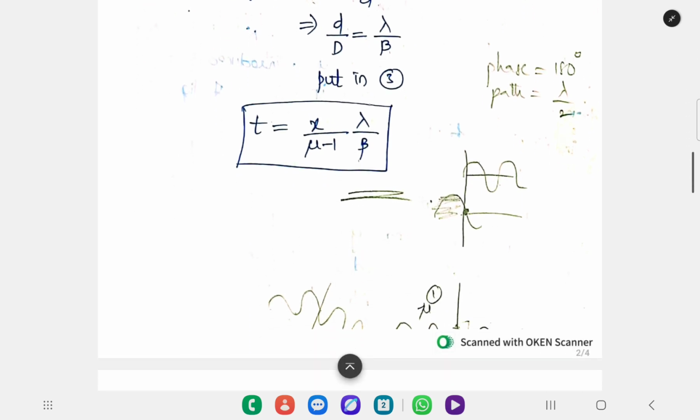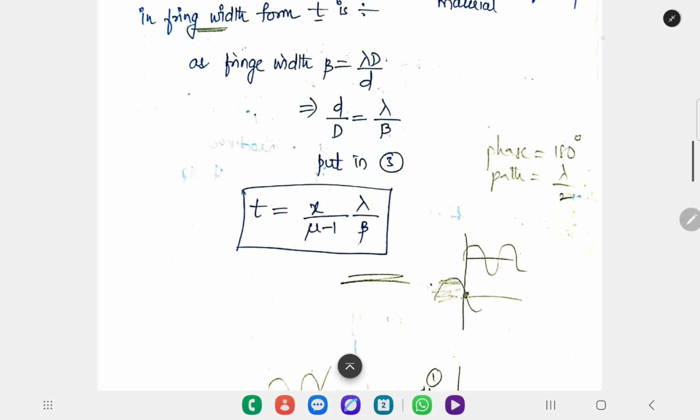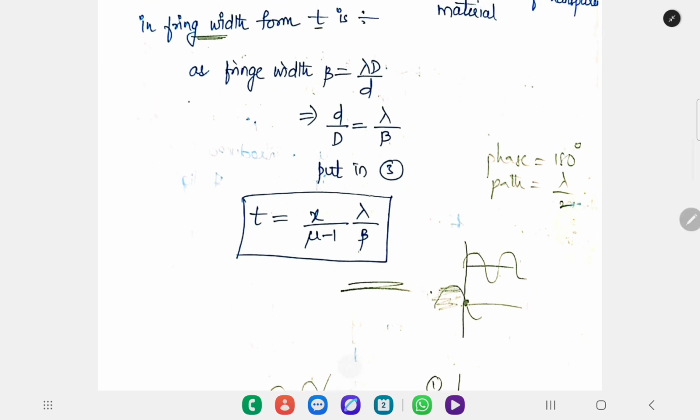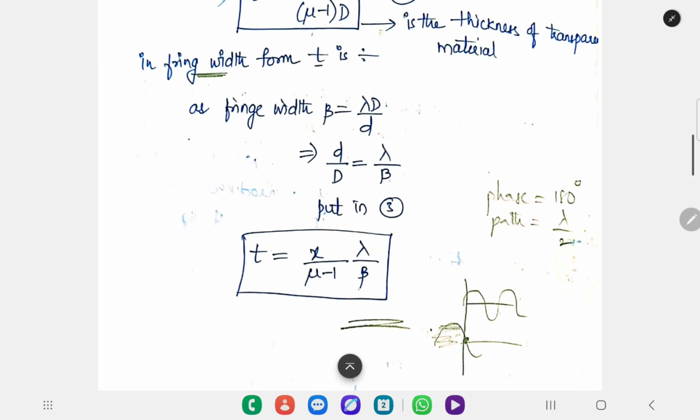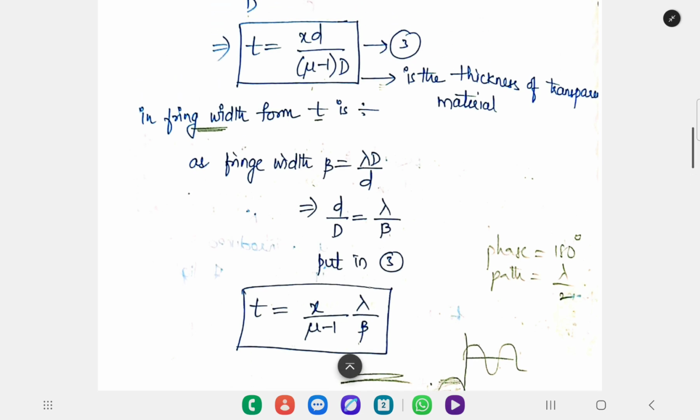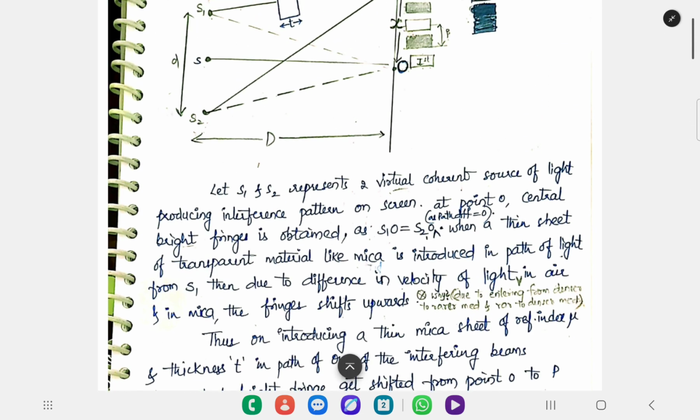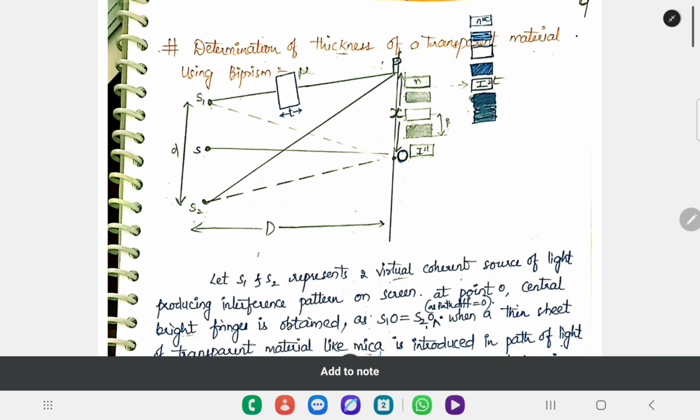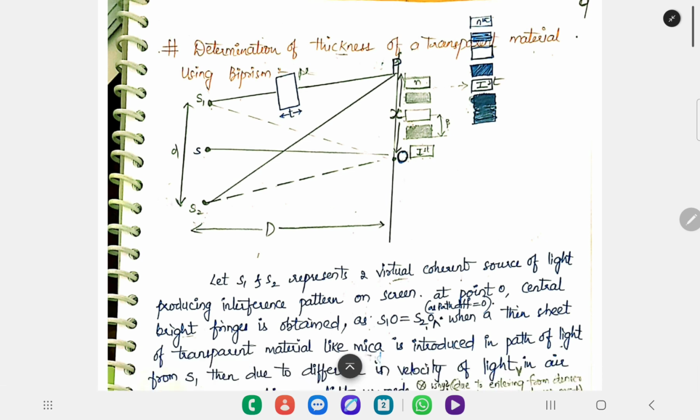This is the thickness of the transparent material that is introduced in the path of the light. We have found out t.